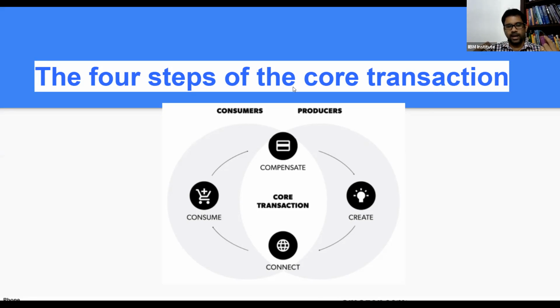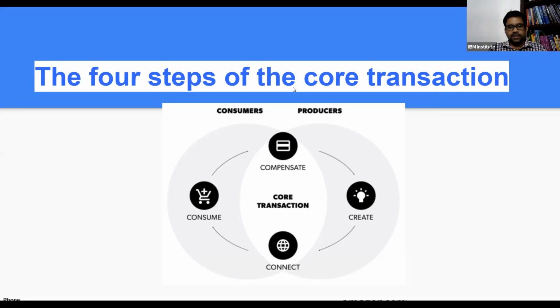For example, if the consumer says I need a white color shirt, the platform should be able to give a list of white color shirt sellers with the sizes, and he can go through that list. If he is convinced enough by some white color shirt, he can select it and buy it. That is what happens in the consume stage.